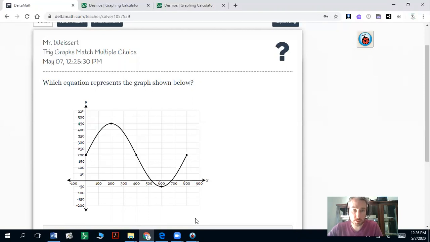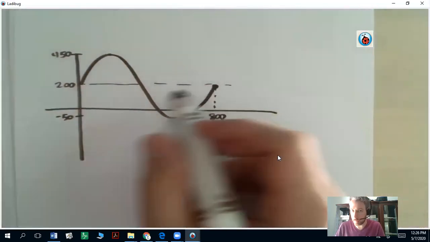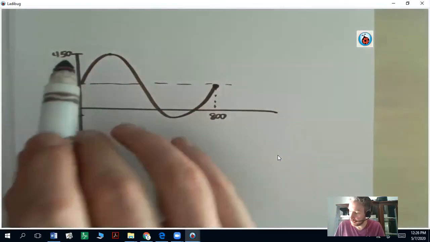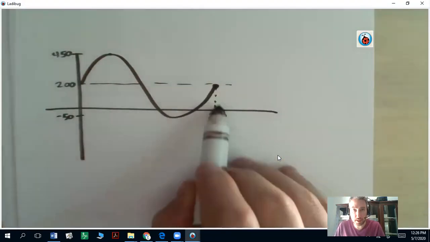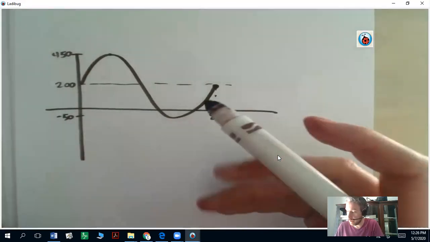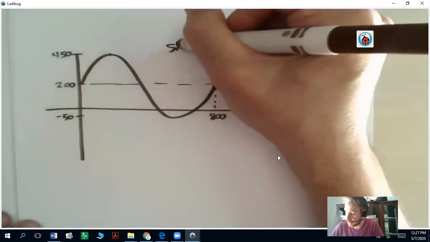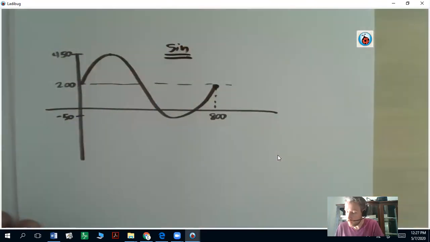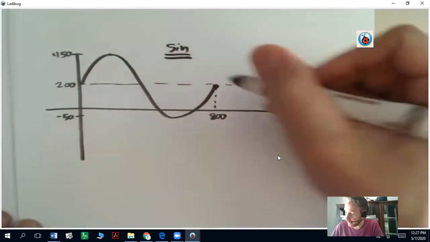So I jotted all this down. What you want to do on these problems is you want to make a sketch of this if you can. It doesn't have to be perfect, but get these key features. Get the midline, the max and the min, and the period. Okay, that's the x value here. You can pretty much write all that stuff. So it's a sine because it starts at the midline, and it's going to have a midline of 200.